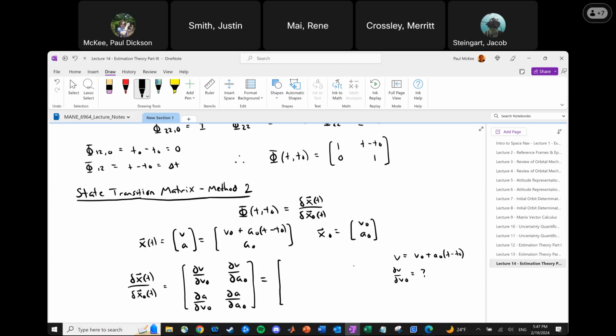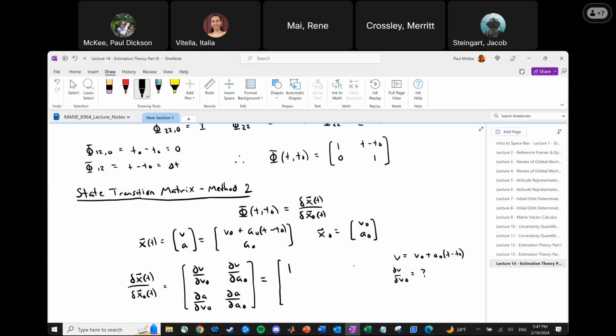Any takers on this one, or is everyone feeling shy today? Is it just 1? It's just 1. Very good. It's essentially the derivative of v with respect to v naught. The whole second term would go to 0, and the derivative of v naught with respect to v naught is just 1.